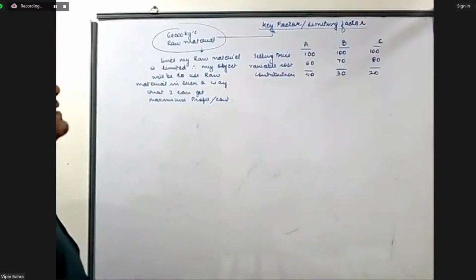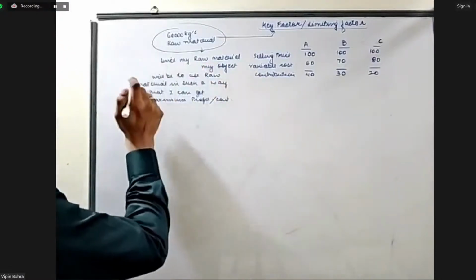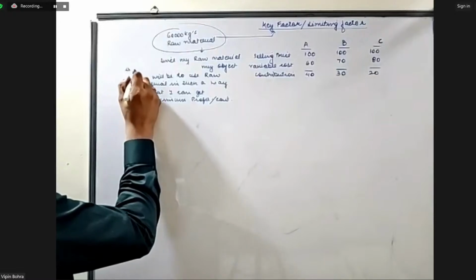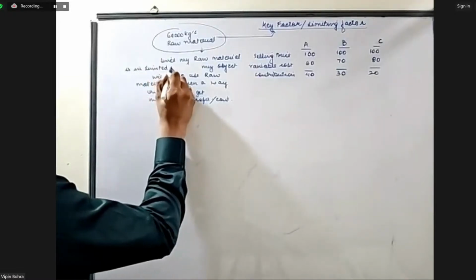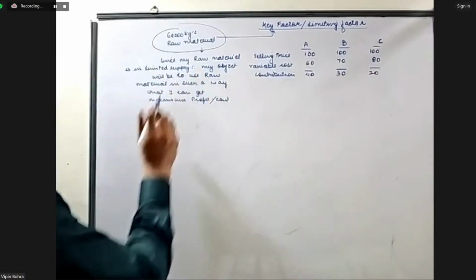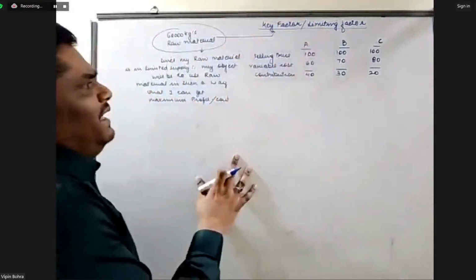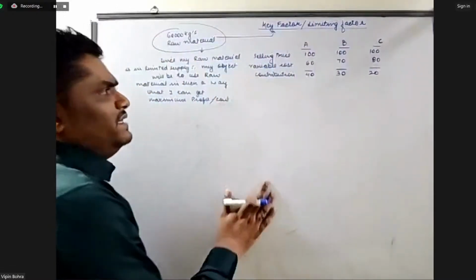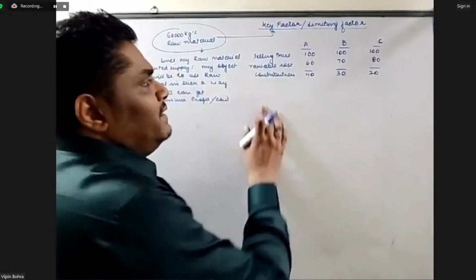Since my raw material is in limited supply, therefore my object will be to use raw material in such a way so that I can get the maximum profit.